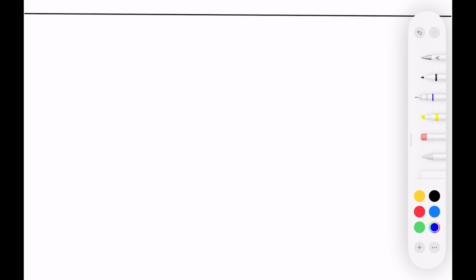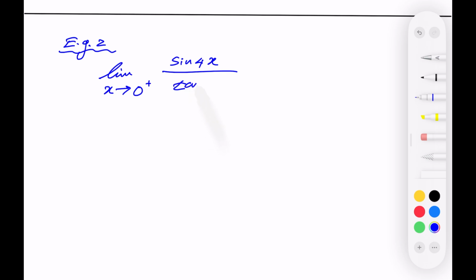Let's do another example. Here's your example number 2. Evaluate the limit as x approaches 0, let's say this time from the right hand side, sine 4x over tangent 5x. This is an example where we can use both of our theorems. So what are those two theorems again?